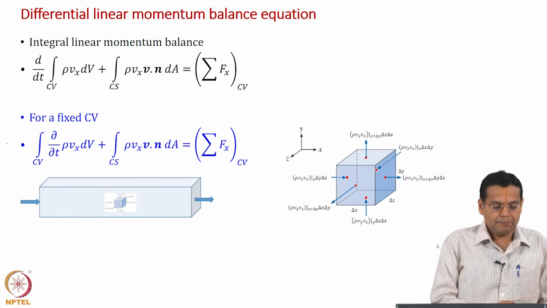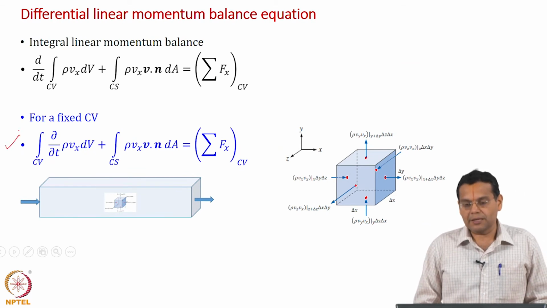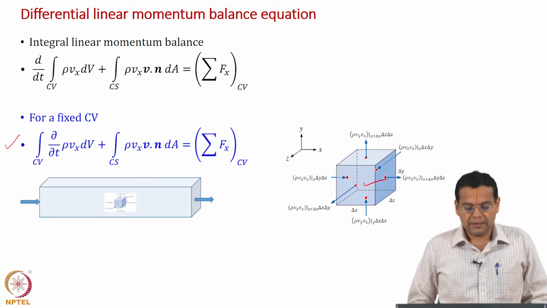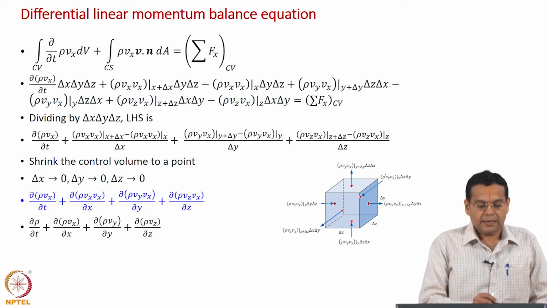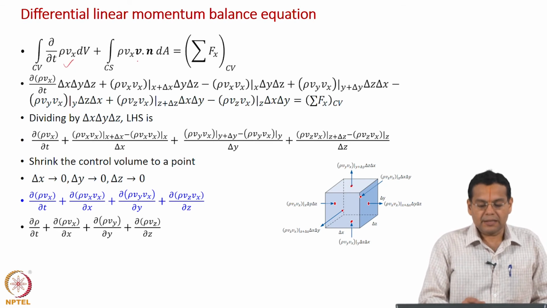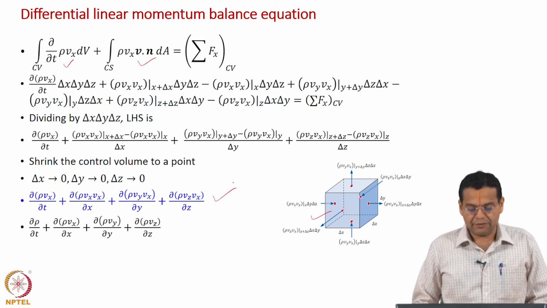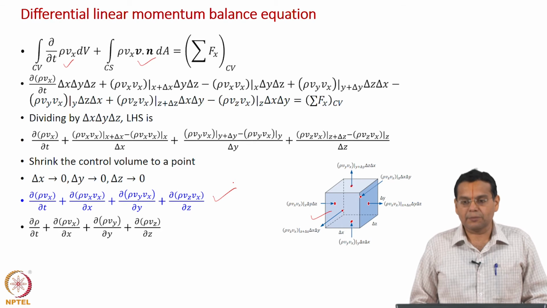We took the integral form of linear momentum balance for a small fixed control volume, and then expressed the transient term and the convection term as applicable to this small control volume, and obtained the left hand side of the linear momentum balance.